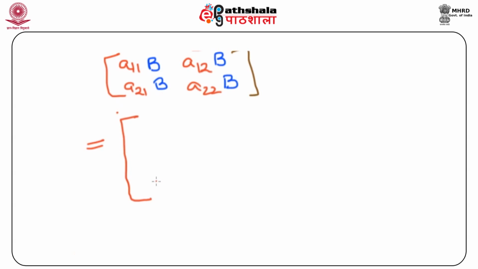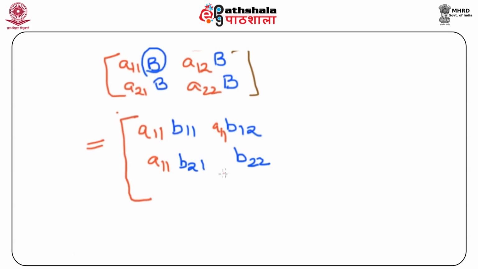The direct product of A and B will be A11 with, in place of this matrix B, B11, B12, B21 and B22. That is, with A11 we have multiplied the entire matrix B. So this comes in this position.